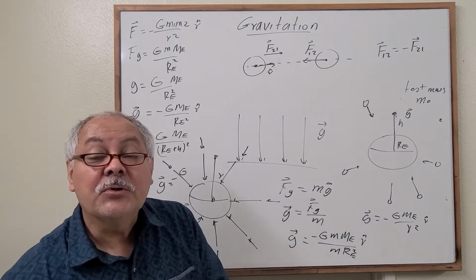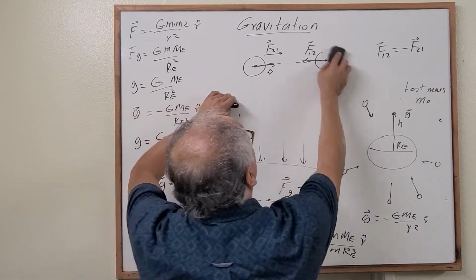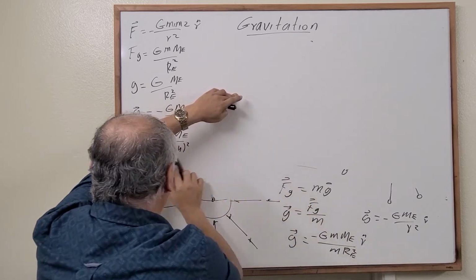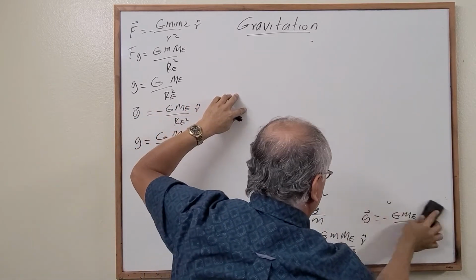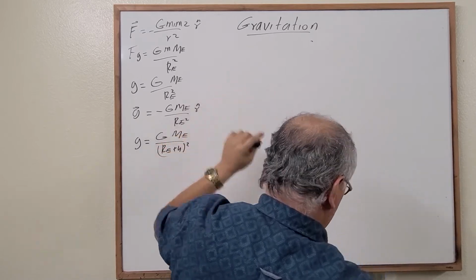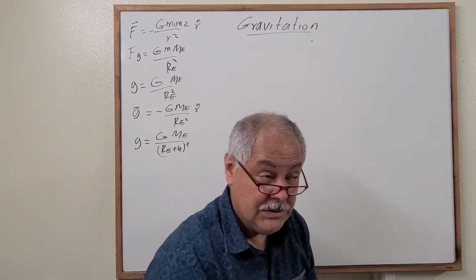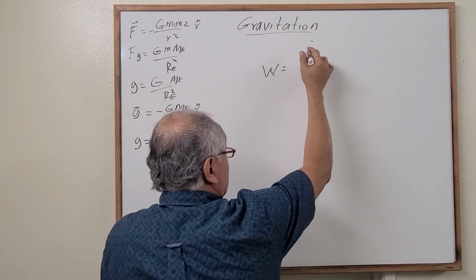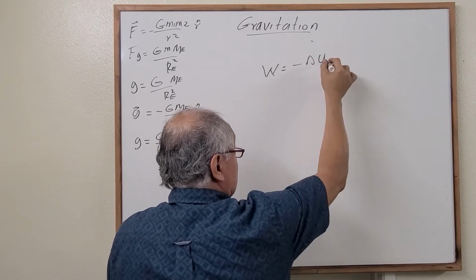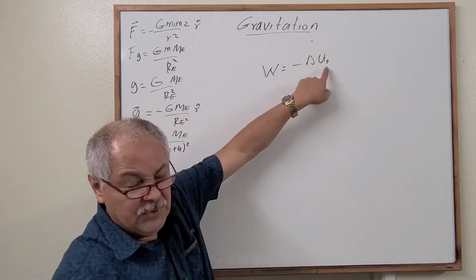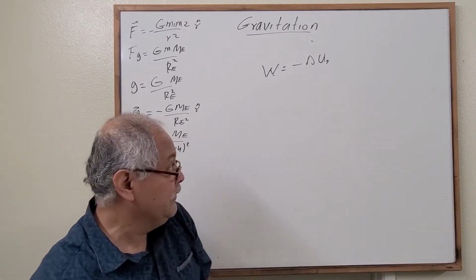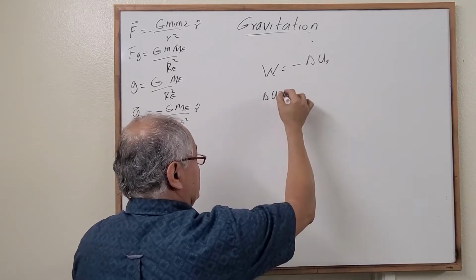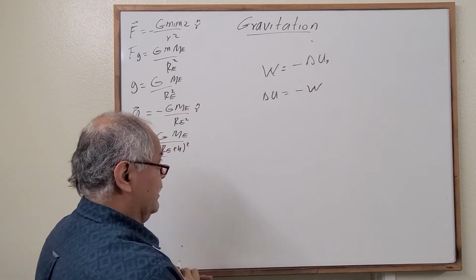Perfect. Now let's go to the gravitational potential energy. We found in the previous chapters that work is equal to the negative of the change in the potential energy. It could be gravitational or elastic potential energy. Also, we can say that the change in the gravitational potential energy is equal to negative work.